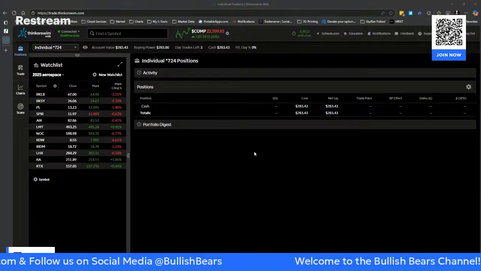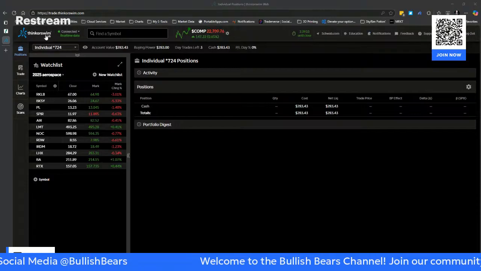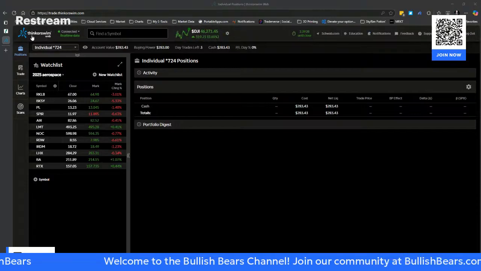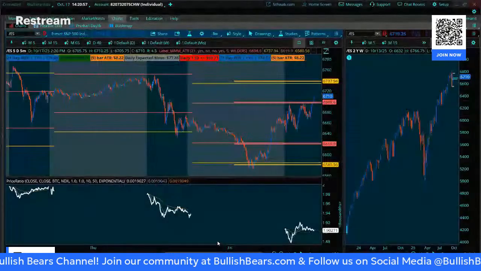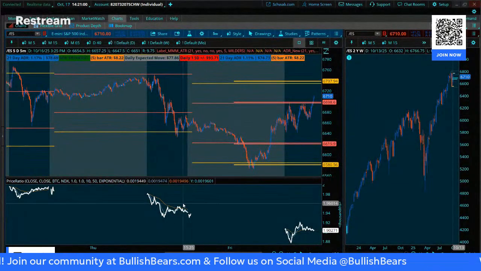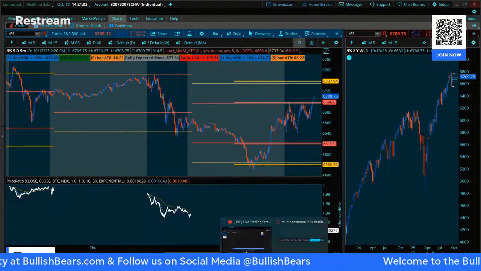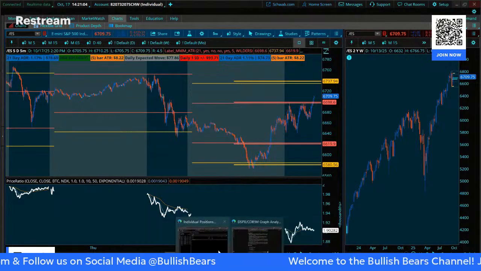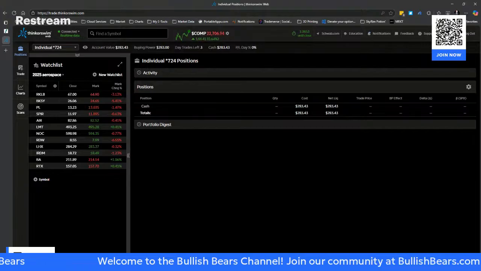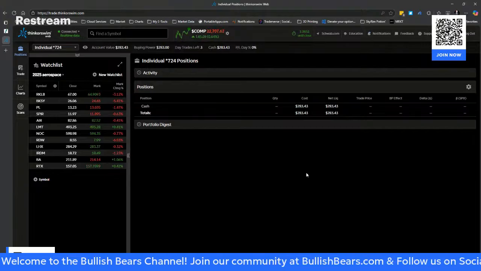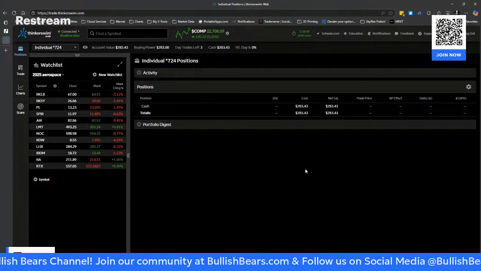Yeah, this is Thinkorswim Web, the web version. This is my workaround so that I can have the desktop up with one account and then have the funded account up as well. Because if I log in to this funded account on my desktop, I will lose my workspaces, all of my settings, everything.